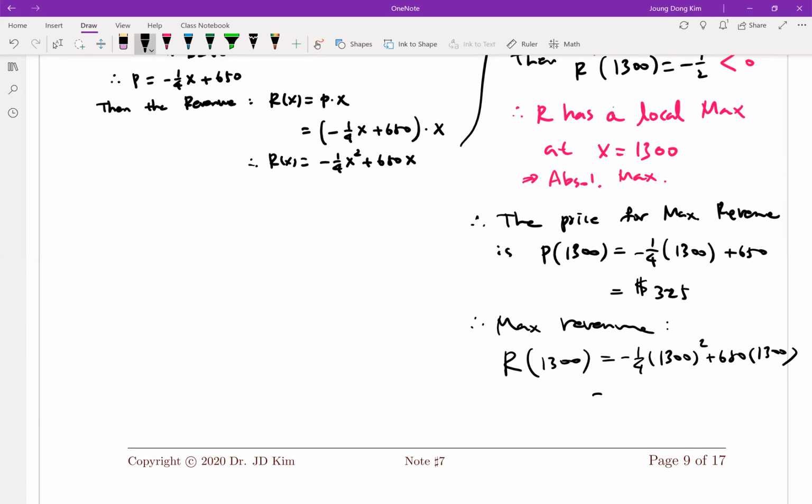Since you can use a calculator, we can do that: negative 1/4 times 1,300 squared plus 650 times 1,300. So your final maximum revenue from this business is $422,500. Thank you.